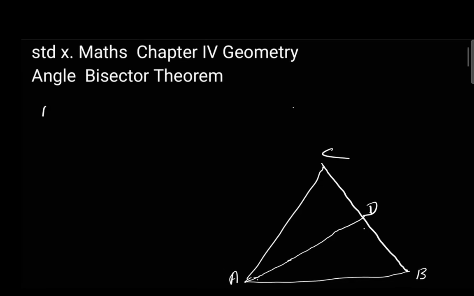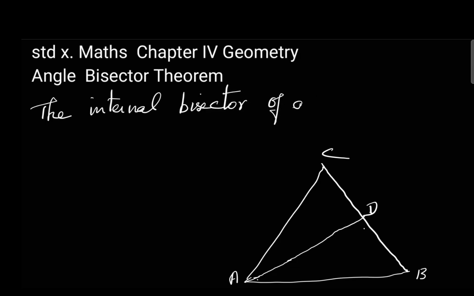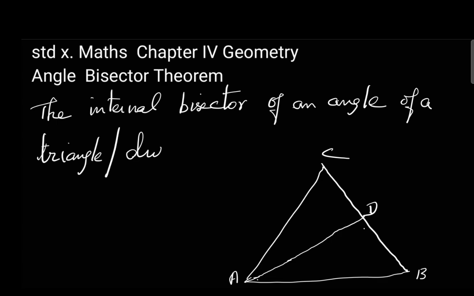The internal bisector of an angle. First line: AD is the bisector of angle A of a triangle ABC, divides the opposite side.